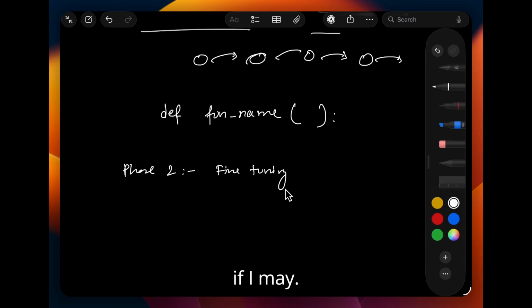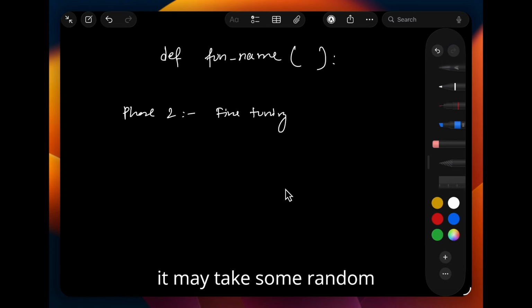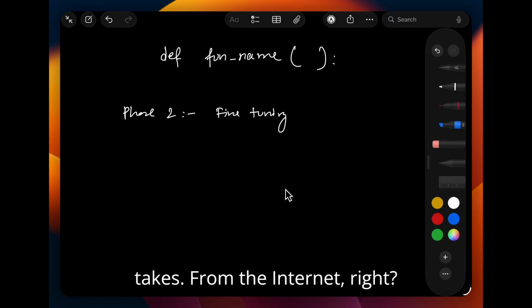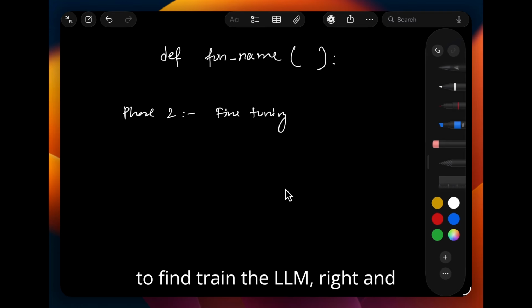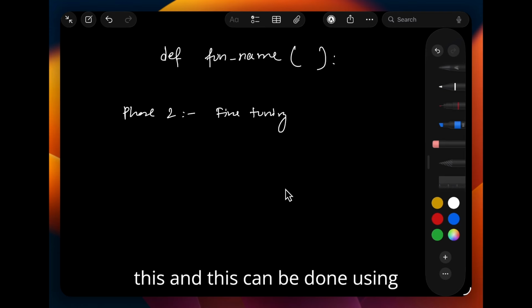So when answering, it may take some random Reddit arguments or bad takes from the internet, right? We cannot do that. We need to fine tune the LLM, and this can be done using reinforcement learning from human feedback and so on. These are machine learning topics. I am not covering this because we are learning about generative AI.